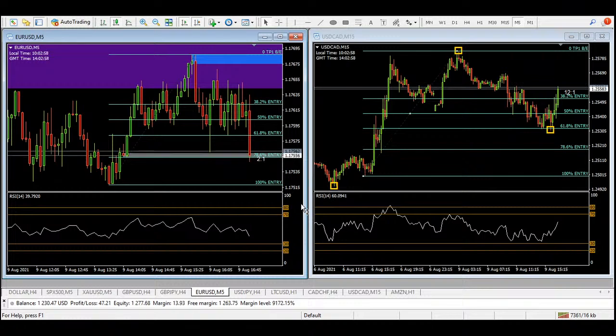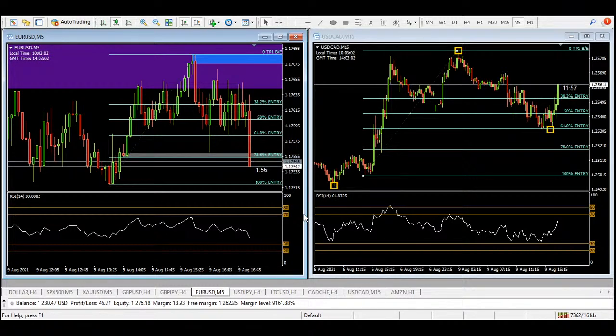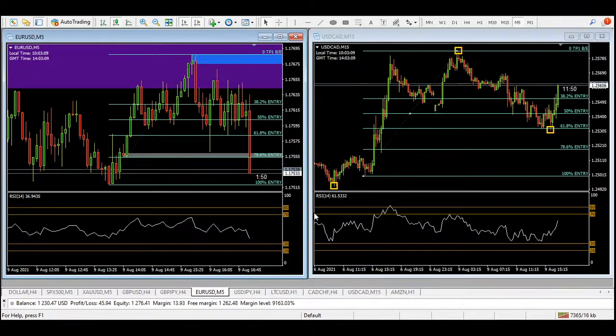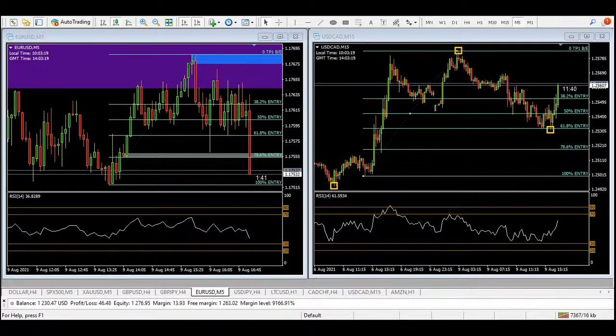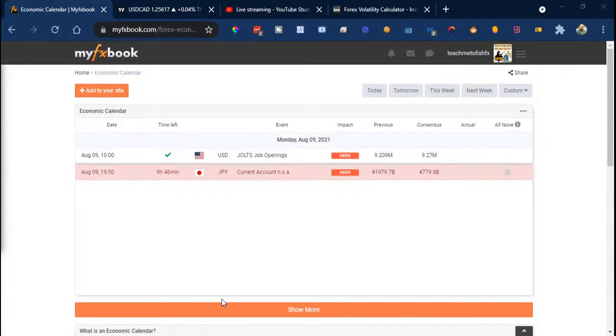Let's see. Nice push down. Let's switch over to the browser. Let's take a look.